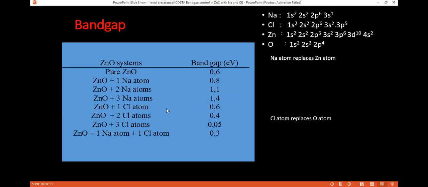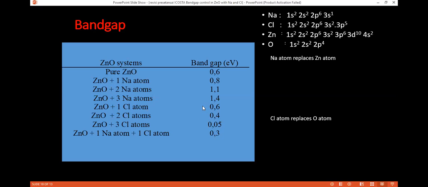For adding chlorine atoms, by increasing the number of chlorine atoms, we see that the band gap becomes narrow. We remember that a chlorine atom replaces an oxygen atom. Chlorine will give an extra electron. So it means it will induce an impurity state near the conduction band.